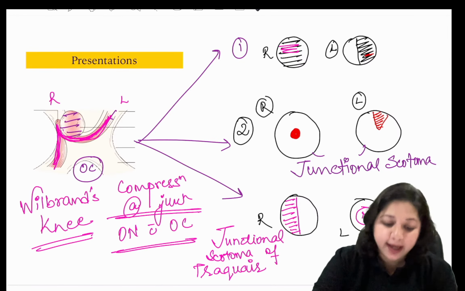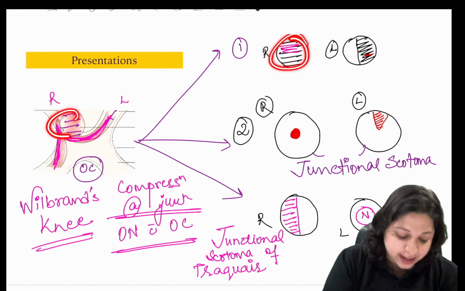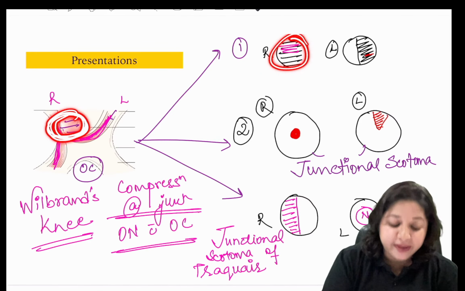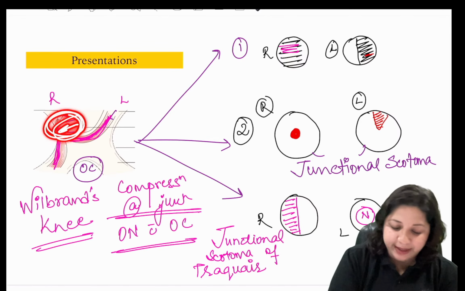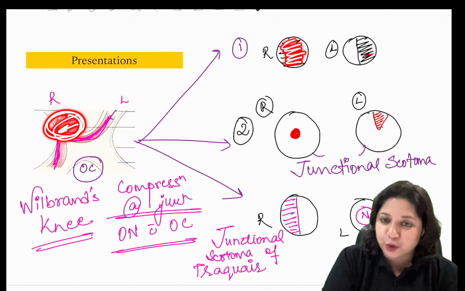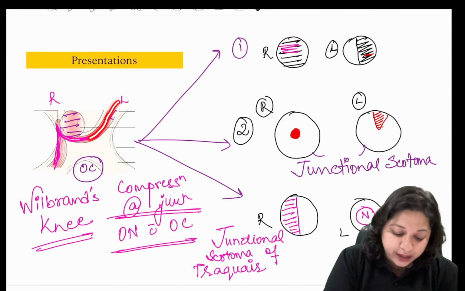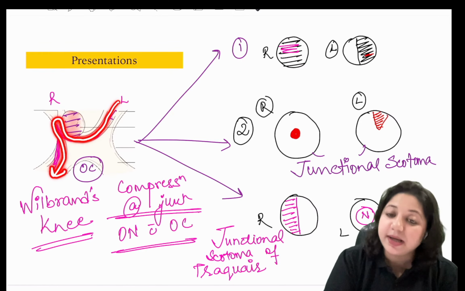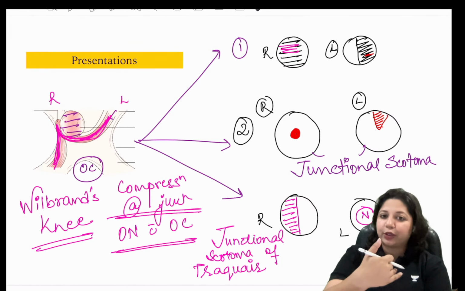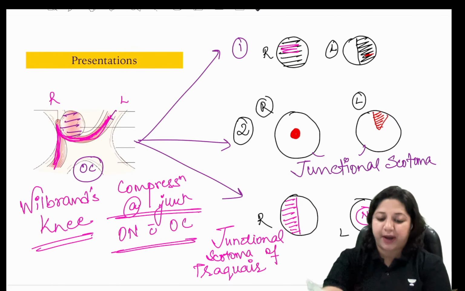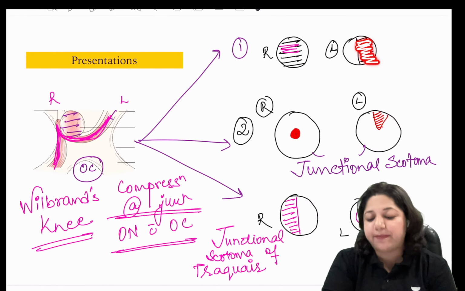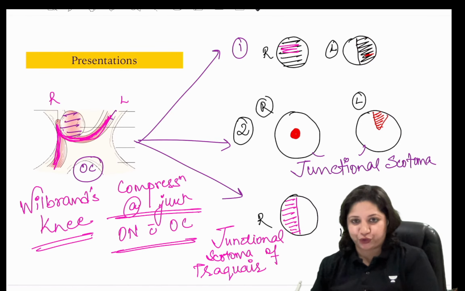First presentation, did you not understand? This presentation is when the lesion is complete like this. When the compression is so much that the lesion is completely compressing the right nerve, there is a complete scotoma in the right eye. And on the left, I told you some nasal fibers go and loop around. So when all the nasal fibers of the left eye are affected, there will be temporal hemianopia in the left eye also, right?